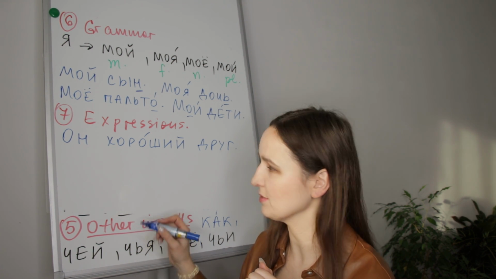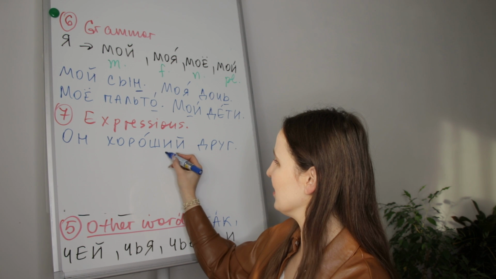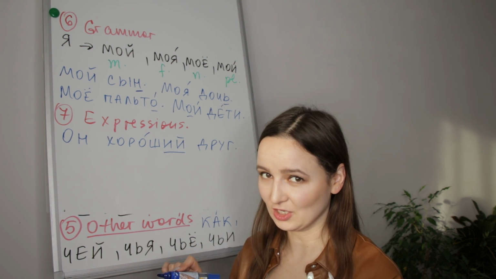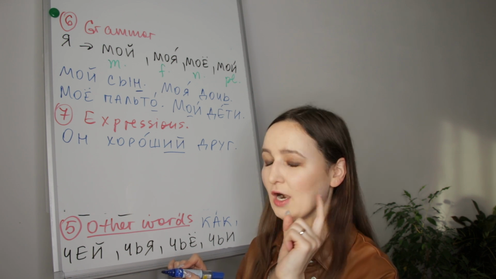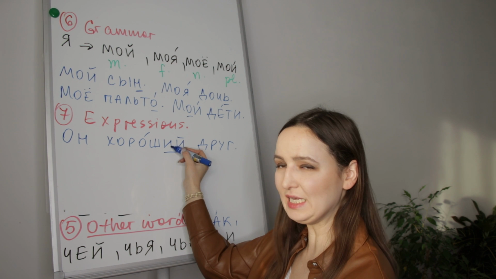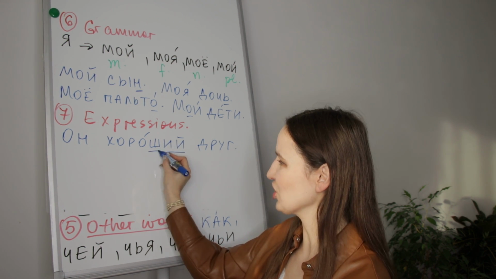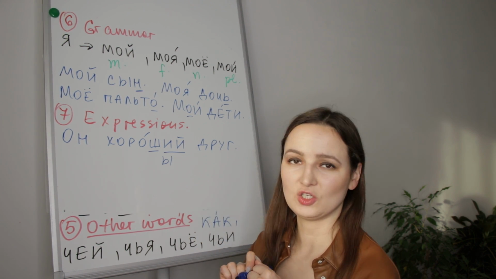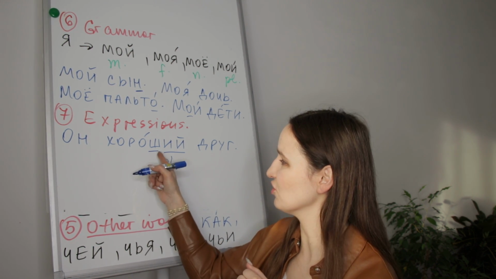He's a good friend. Хороший here ends in ий. Endings for masculine adjectives are ой, ий, and ый. Why do we have here и, not ы? Because the letter ш does not support ы after it. You will never see ы after ш.